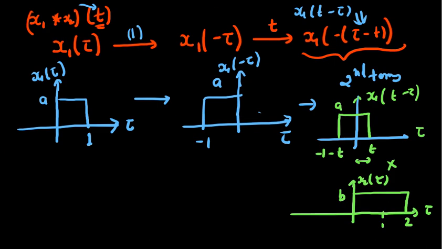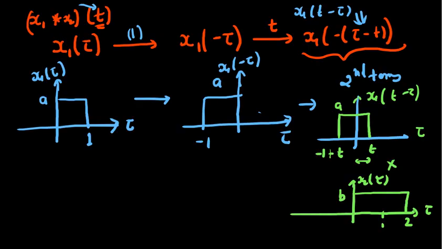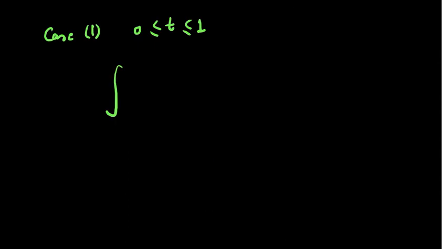So it depends on the shifting, right? Case 1: your shifting t is between 0 and 1. Then you first have to find out the support of x1 times x2.